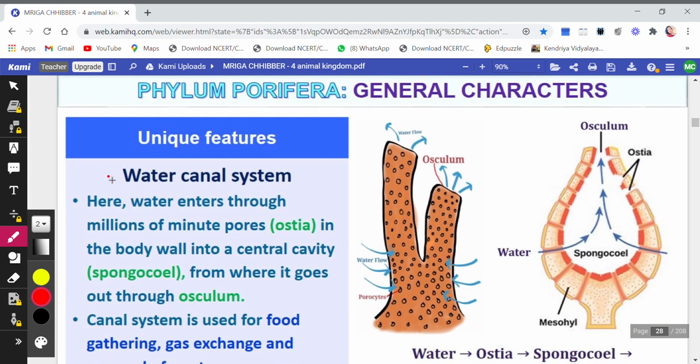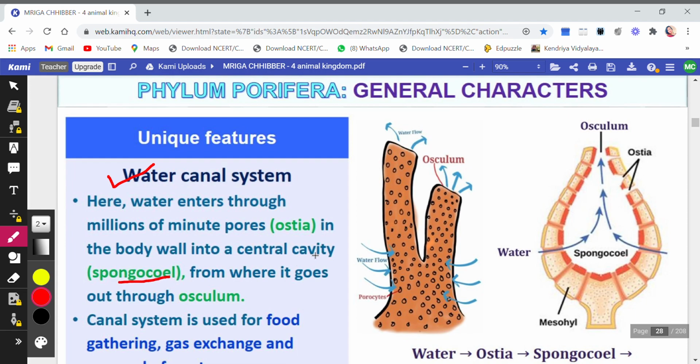They have a water canal system. Here water enters through millions of minute pores. You can see so many pores here, and the arrows tell you that the water is entering through them. These pores are called ostia, in the body wall, into the central cavity.